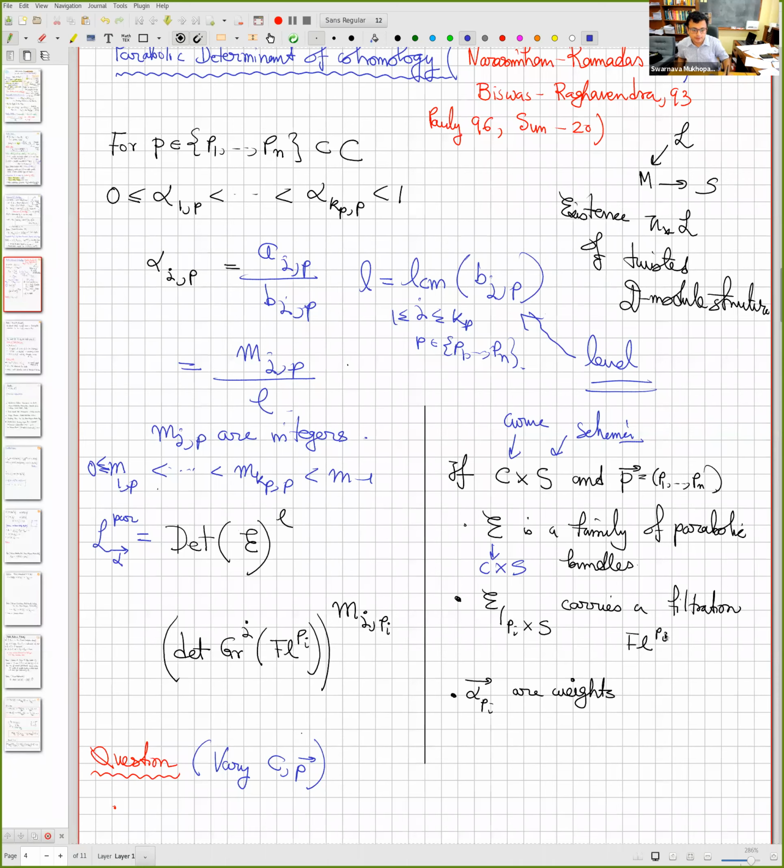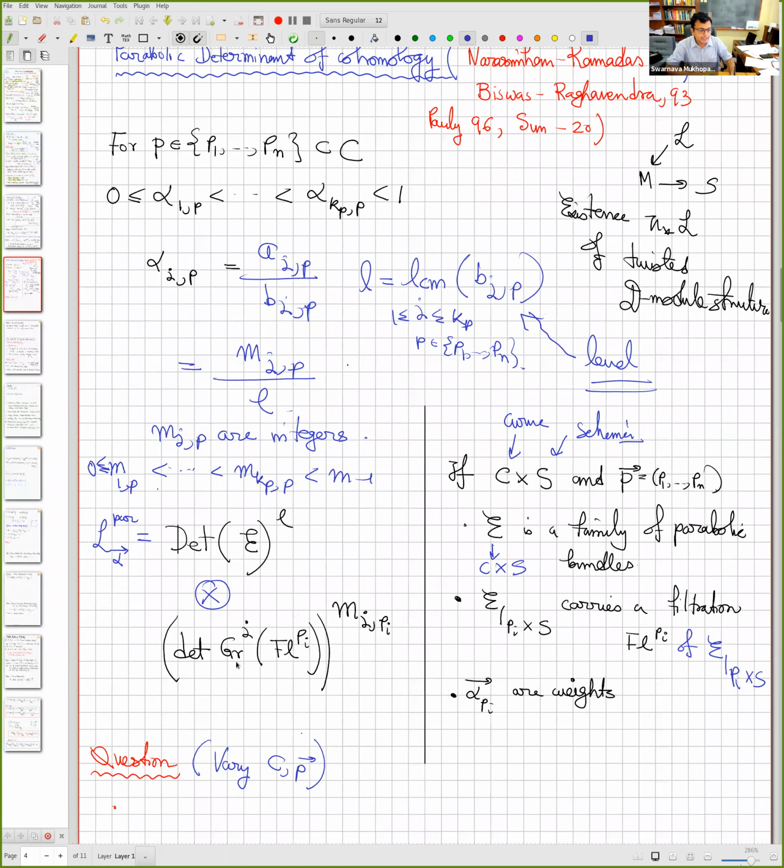Okay, so this F_i is a filtration of E restricted to p_i cross S. Once I have a filtration, I then have the choice of weights. The choice of weights is discrete, so if it's a continuous family, it will not change. Then I take the usual determinant bundle that I described in my previous page, and for each jump and each point, I take the corresponding graded piece.